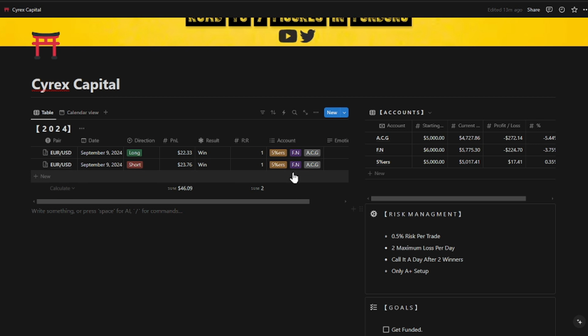these are the accounts that I currently have. This is ACG, which is Alpha Capital Group, FN, Funded Next, and 5%ers. These are the 3 accounts that I'm currently trading. As y'all can see, this account is in drawdown of negative 5.4%.